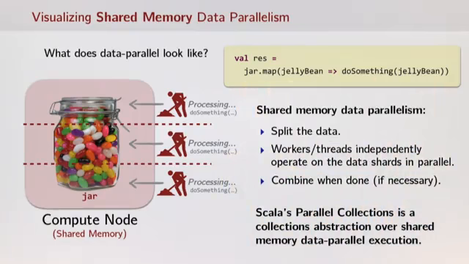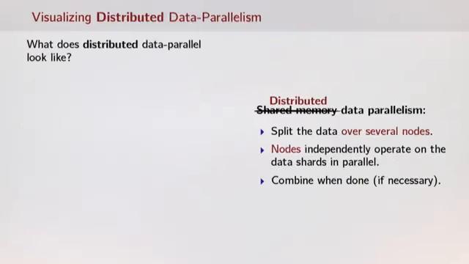So, the point here is that we can have underneath the hood this data parallelism automatically happening for us, and we can reuse the same already very familiar and comfortable API that people already use. So key takeaway here is that this collections abstraction fits over this data parallel model very well. And we can extend this to the distributed case as well.